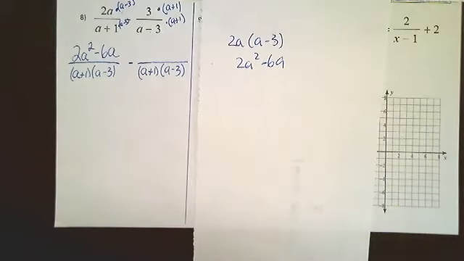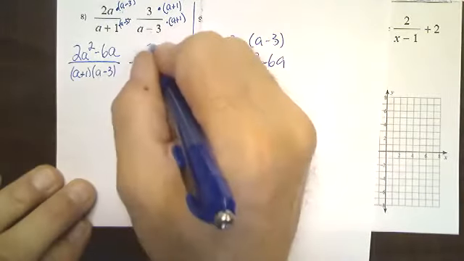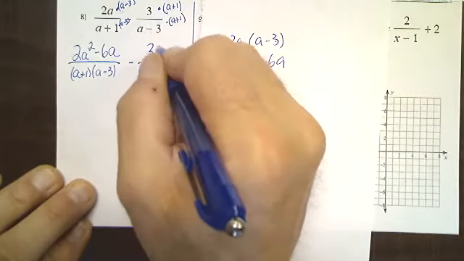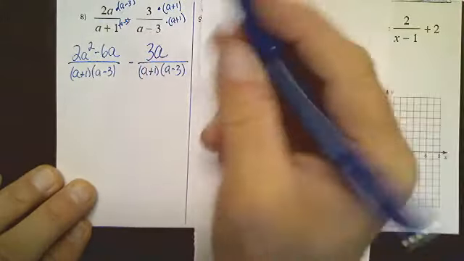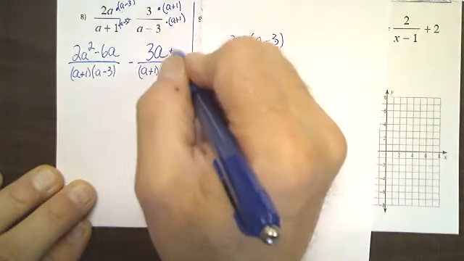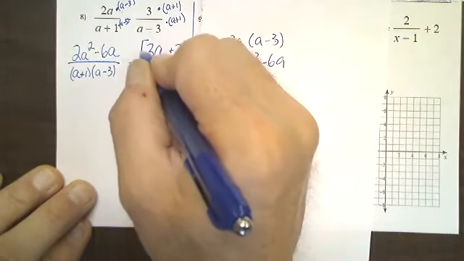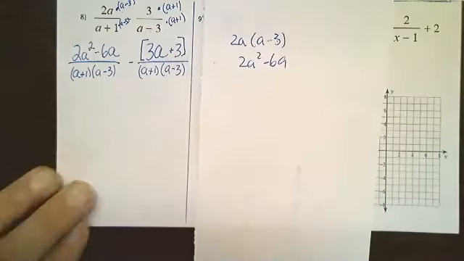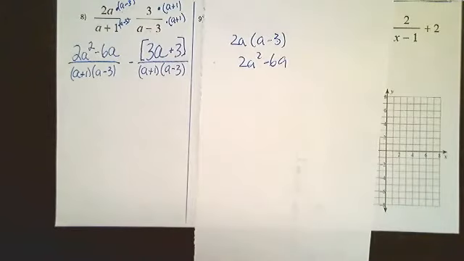Miss Abigail, what do I get on the top right? Three times a is 3a. 3 times 1 is 3. I'm going to temporarily enclose it with some brackets.